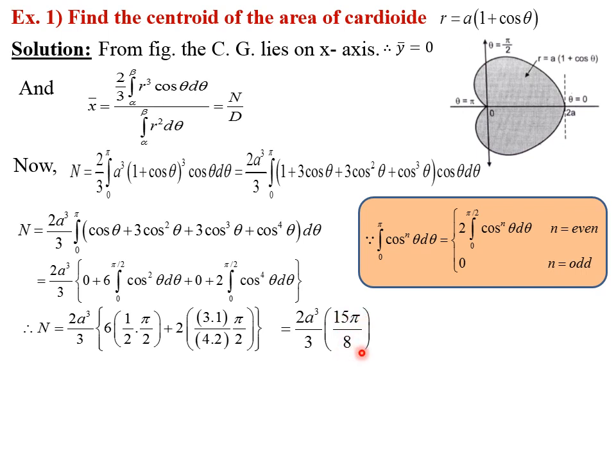You can cross verify this calculation, and at the end we are getting n is equal to 5 pi a cube upon 4. So this gives us the value of the numerator for this x bar.